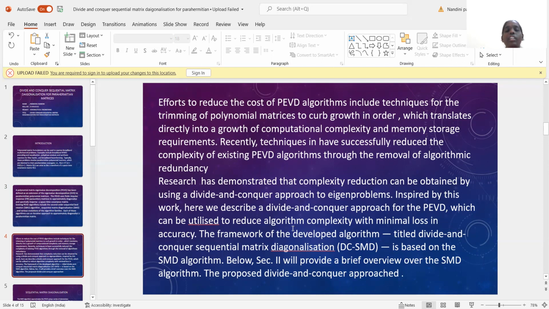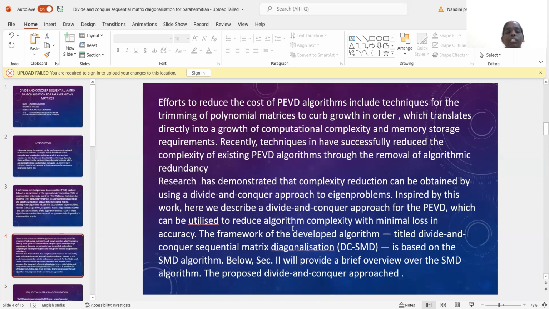Recently, techniques have successfully reduced the complexity of existing PEVD algorithms through the removal of algorithmic redundancy. Research has demonstrated that complexity reduction can be obtained by using a divide and conquer approach to eigenproblems.